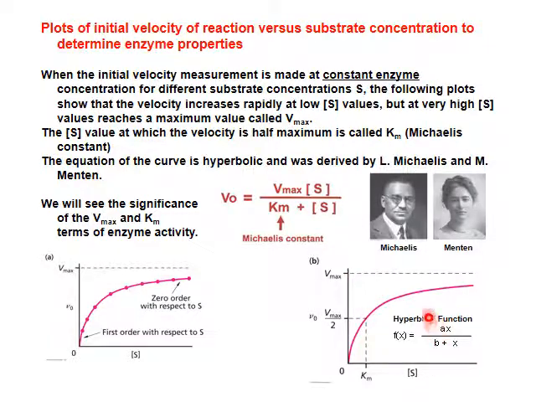So recall the hyperbolic function we've seen for our binding curve, where f of x equals ax over b plus x. X here in this hyperbolic function is S, substrate concentration. F of x is V0. All the same parameters apply to these hyperbolic functions.